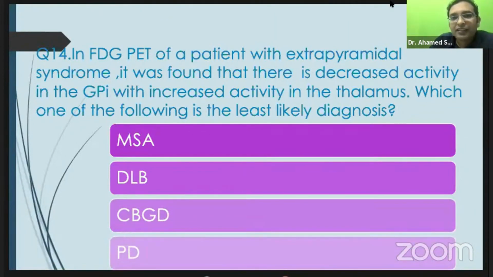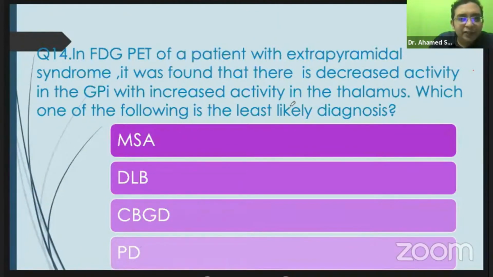Now, having studied all the pathways, you have seen which of the nuclei are excited and all. Actually, in Parkinson's disease, in GPI there is increased activity, and in thalamus there is decreased activity.